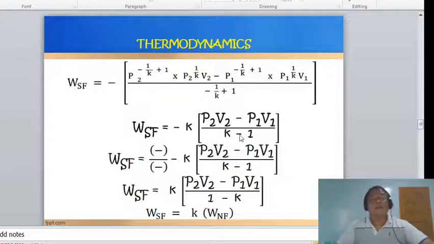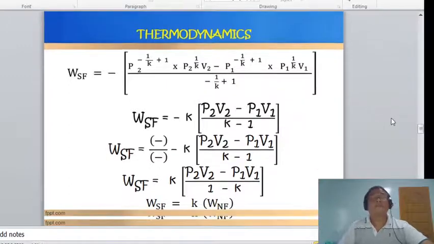But this term here is equal to the work non-flow. Therefore, we just multiply the non-flow work by the constant k, so we now get automatically the work steady flow of the process. I think it is clear.